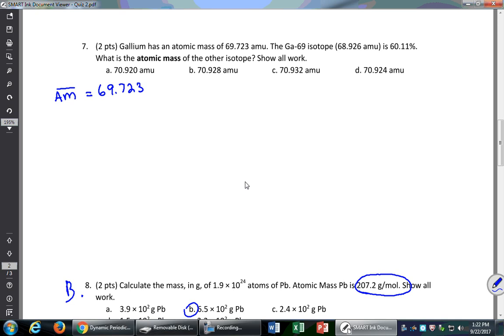So we have 2 isotopes of gallium, gallium-69, and the other isotope, we don't know what the mass is. So we're trying to figure that out. Now we are given our atomic mass of gallium-69, which is in a lot of significant figures, 68.926. So this is my atomic mass of, I'm just going to put 69 at the bottom.